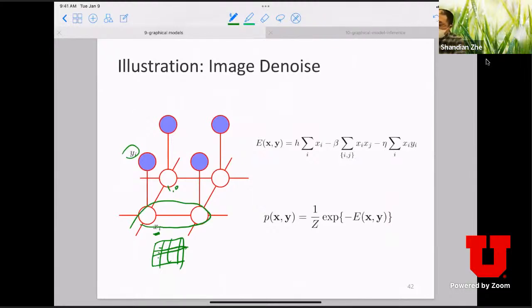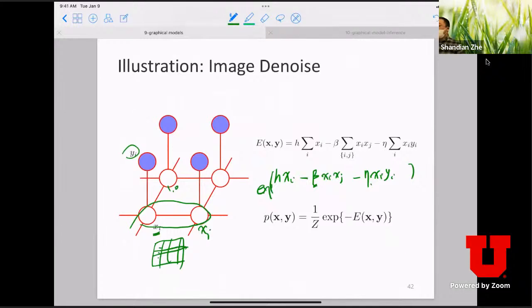So our potential function will be defined as, first, we multiply the random variable xi by some scale h, and then multiply the product of its surrounding pixel, xi, xj, in its maximum clique by beta, and then multiply xi with its observation yi with another coefficient eta, and then we take the exponential. So this is my potential function definition.